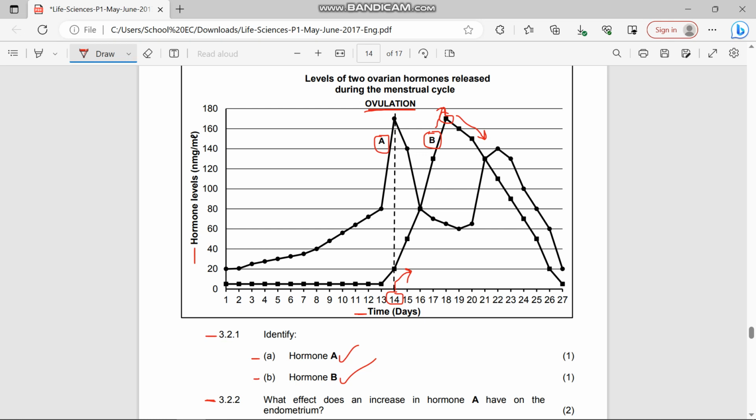That's how it goes. It's straightforward like that, guys. Or you can just say that the levels of progesterone decreased due to the degeneration of the corpus luteum, and therefore that proved that no fertilization took place. That's how it goes, guys.